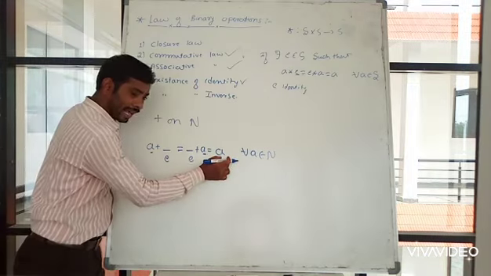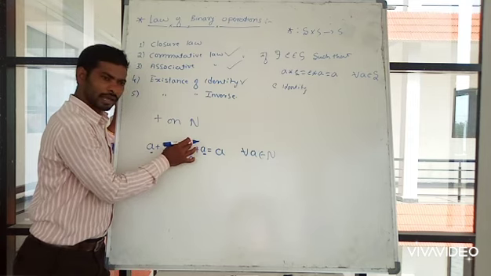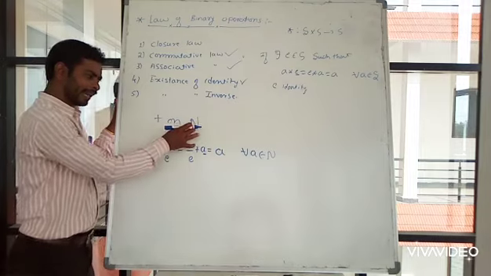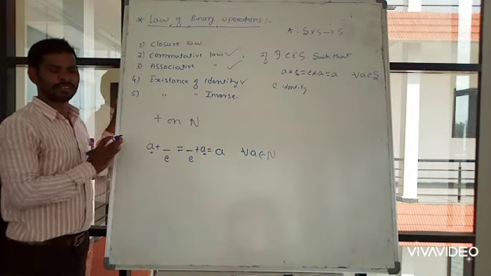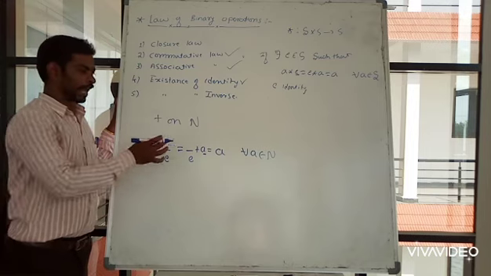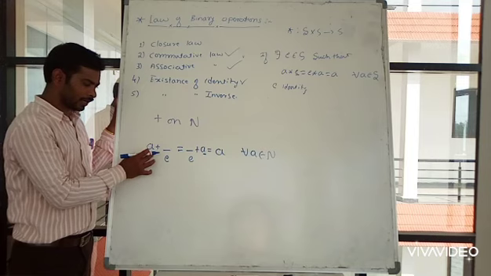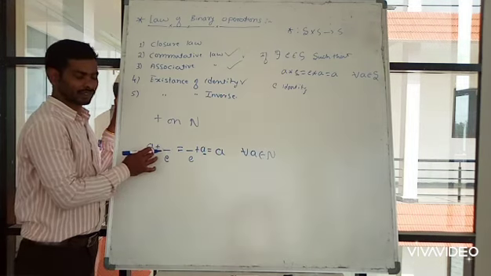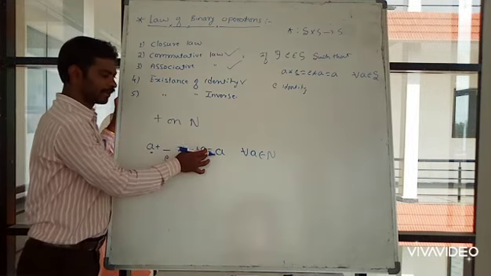Can any number present in this set do that? No. There is no natural number present in N that satisfies this condition, that is, A plus the identity element, or the identity element plus A, equals A.